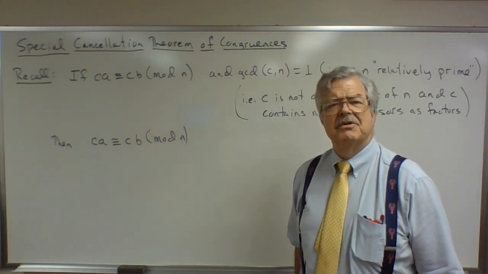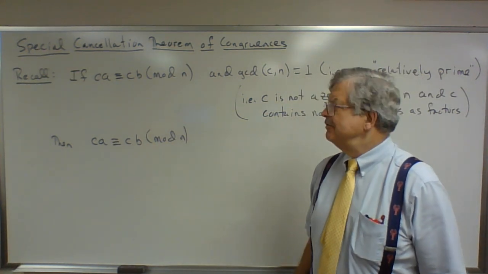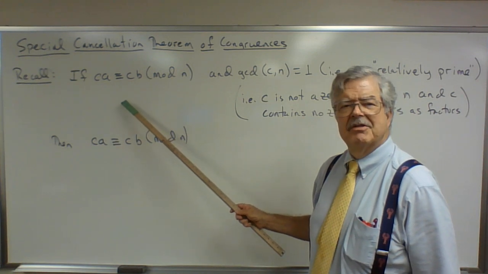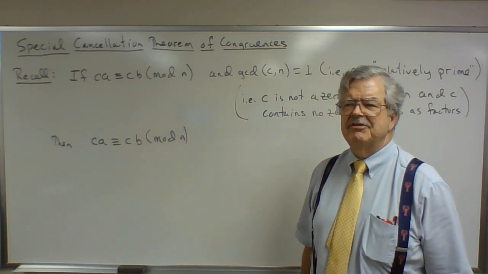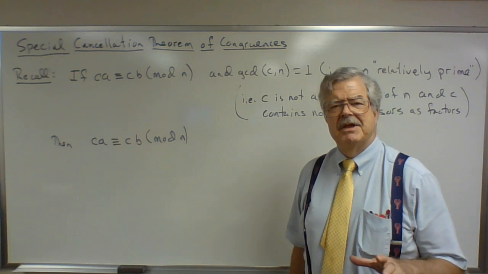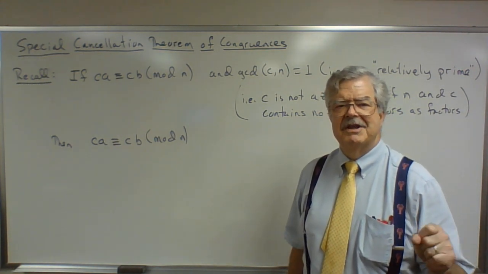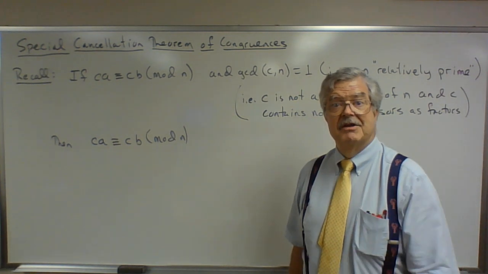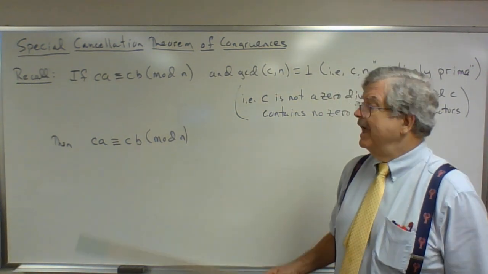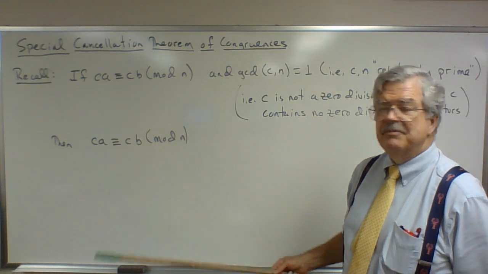Before we broach a new topic, I just want to mention something that we did in the previous lecture so that there will be complete continuity to what we did in lecture 17 and what we're doing in this video right now. And here's the result.